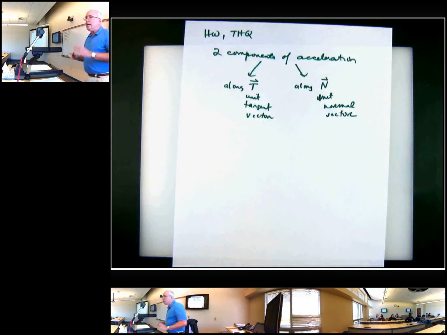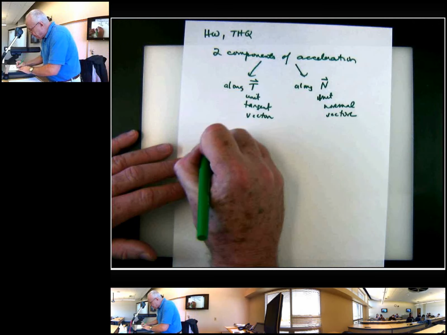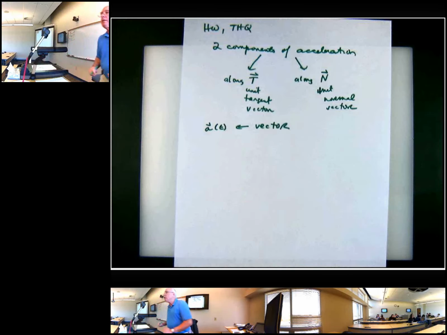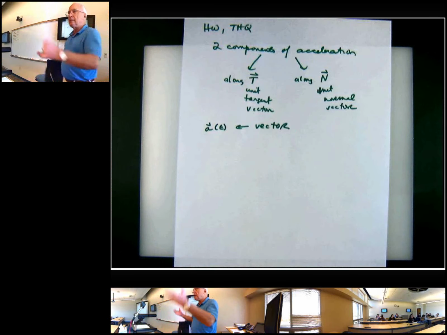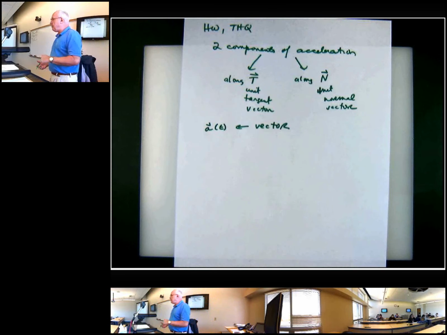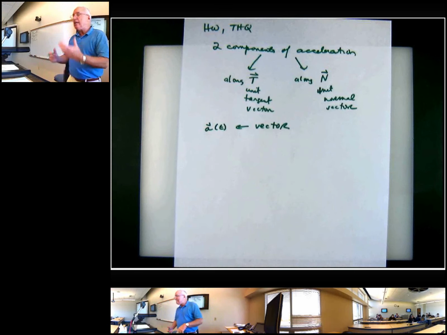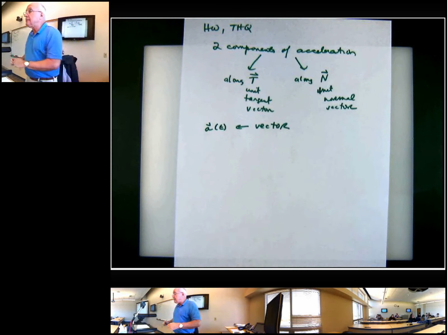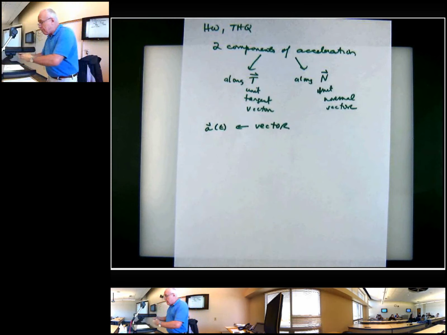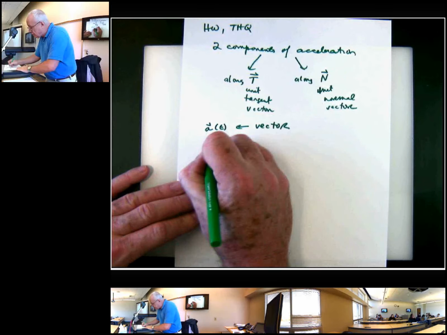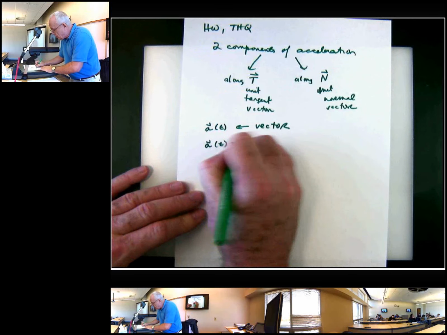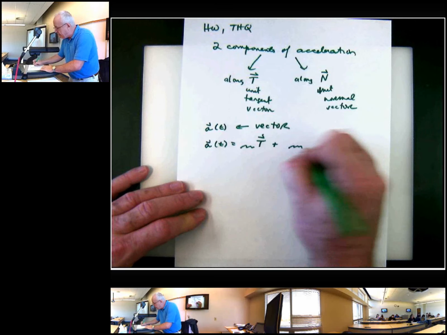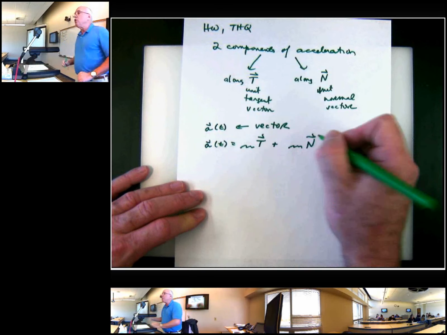We can actually remember, acceleration is a vector. What we can do with this acceleration vector, and the book has a nice page and a half of derivation of this, is that we can basically write our acceleration vector as the sum of something times the unit tangent vector, plus something times the unit normal vector.